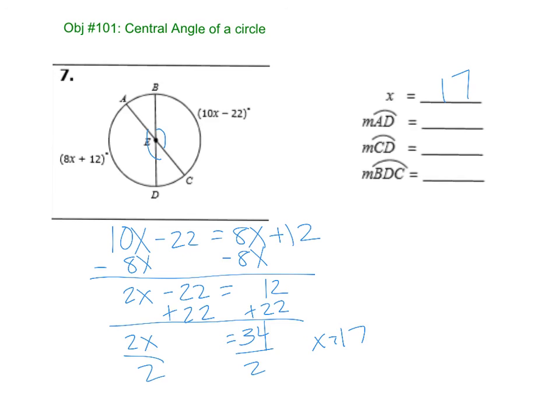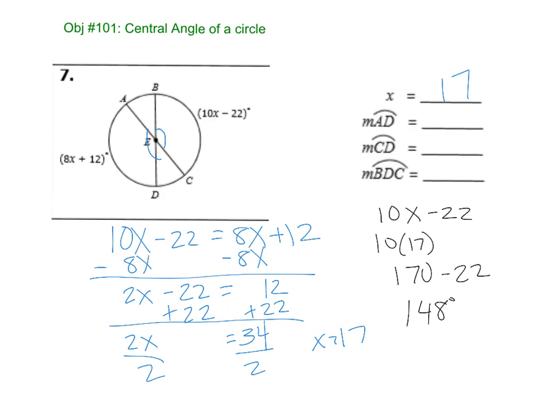But now we have to find everything else. So if x is 17, what would the two arcs be? We're going to plug in. It doesn't matter which one you plug into. I'm going to do the top one, 10x minus 22, because 10 times 17 is easy. That's 170 minus 22. That's 148.